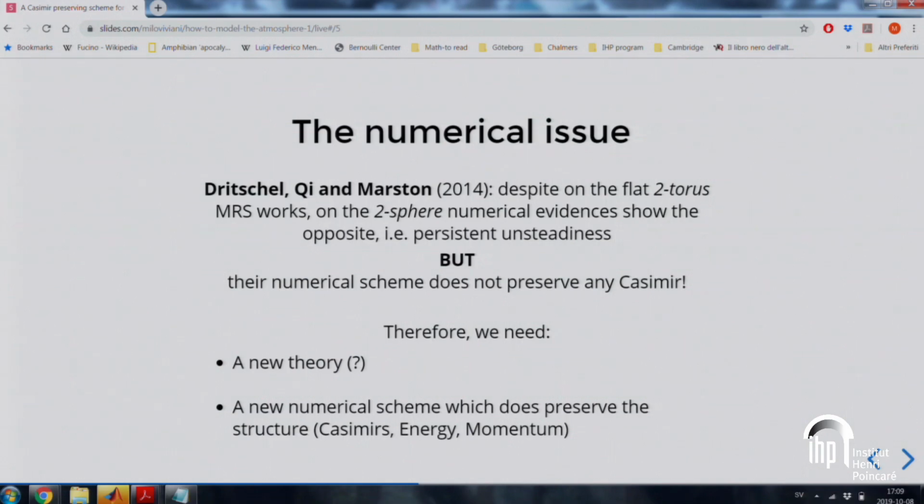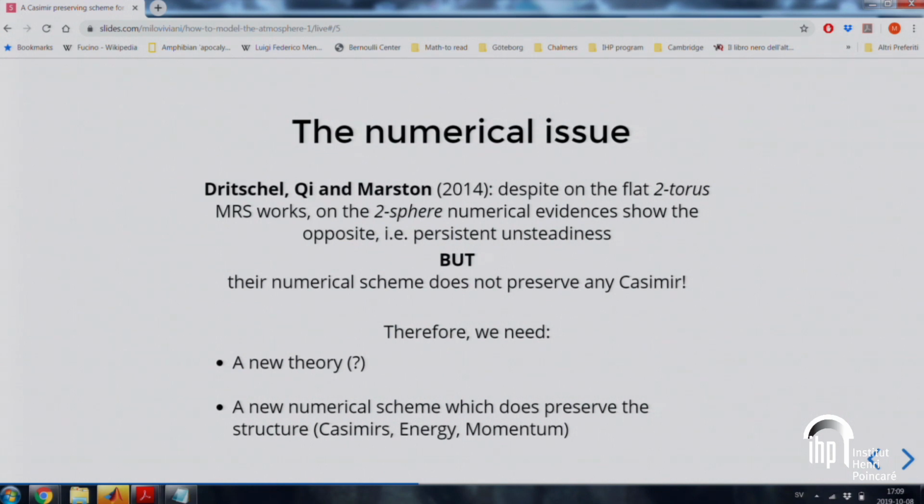However, the numerical scheme of Dritschel and Marston had a big bias. In order to get stability in their numerical scheme, they added a hyperviscosity term, and the hyperviscosity doesn't preserve the Casimirs. So there is not a direct link between MRS theory and this numerical simulation.